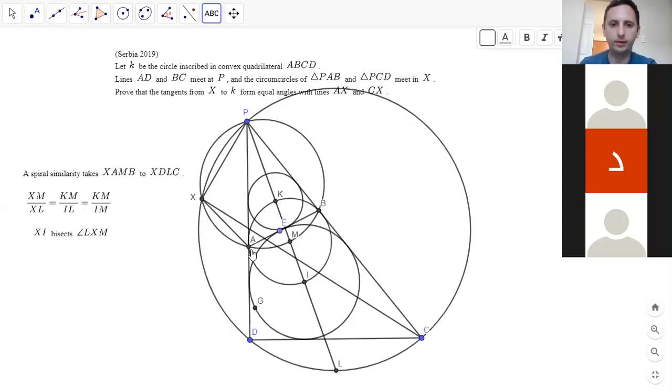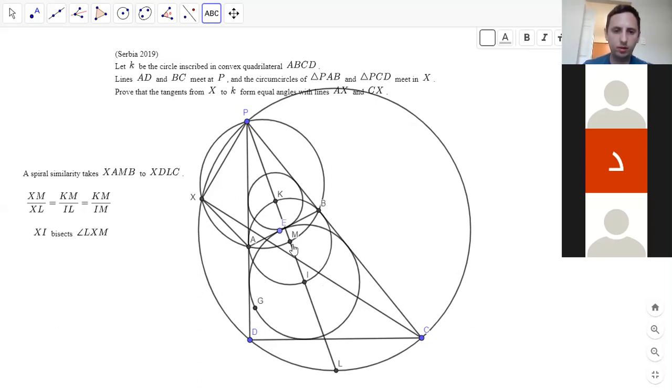We need to prove that XI bisects angle AXC, right? Yeah, we need to show XI bisects angle AXC. But XI bisects angle LXM. So we need to show LXA is CXM, right?